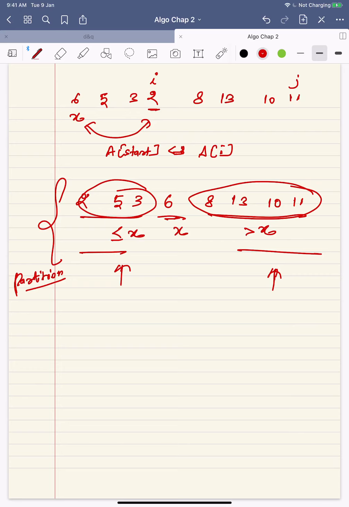So let's think about what will be the time complexity of QuickSort. Sure. So let's write the all case complexity Tn. Now, so what are the things we did? We did a partition. So what is the complexity for partition?